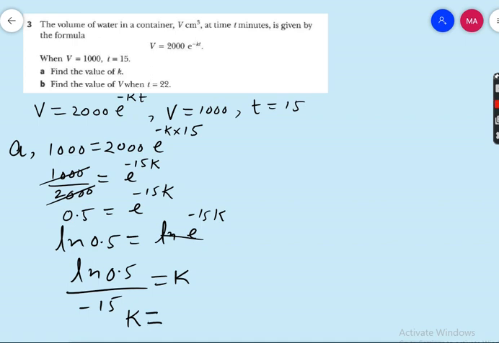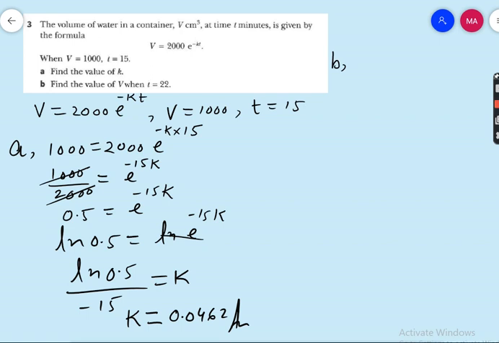Again use the calculator: ln 0.5 divided by minus 15. So the answer is 0.0462. 0.0462 is our answer. Come to part B.